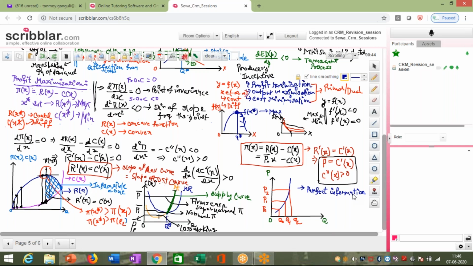If I remove this assumption of perfect information, is it possible for the supply curve to be positively sloped? So my question is, can this hold without perfect information?